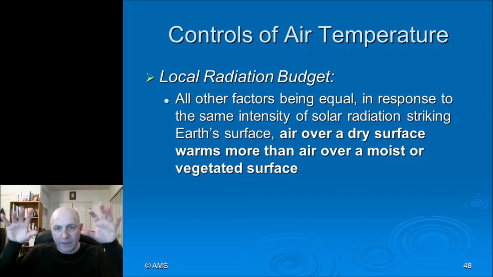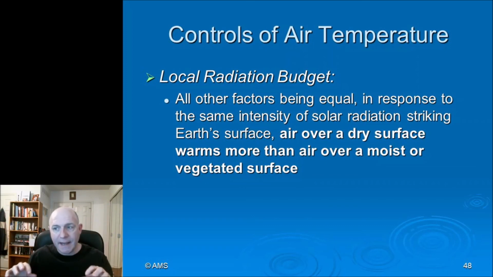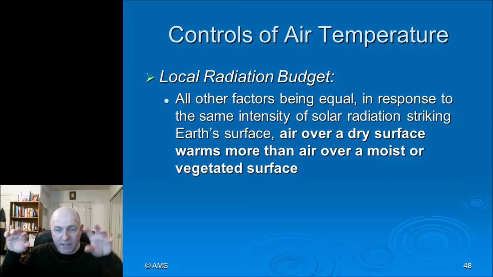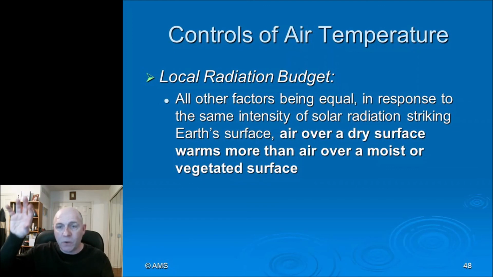If you have solar energy coming in, it's going to heat a dry ground a lot more than a moist or vegetated surface, because that energy can go more into raising the temperature of dry ground as opposed to going into trying to evaporate water or raise the temperature of a moist soil.